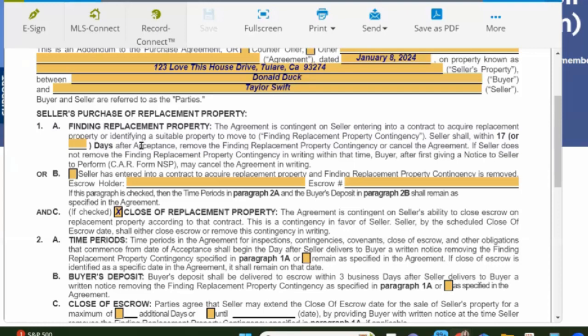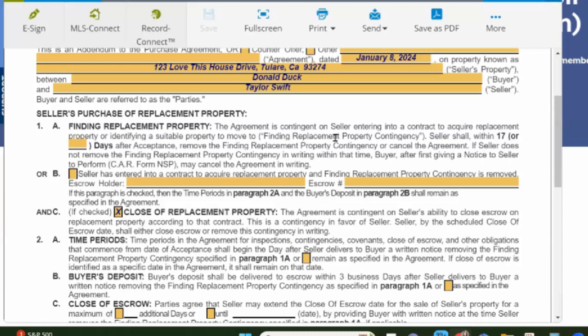I know that I want to buy maybe a bigger house or a smaller house or a house in a different area, but I haven't found that house yet. And so what I'm saying is that once we go under contract, by default, I have 17 days to find that next house. And if I don't find that next house in the 17 days, then I'm going to remove this contingency or cancel the sale.